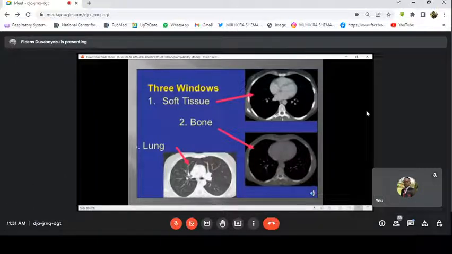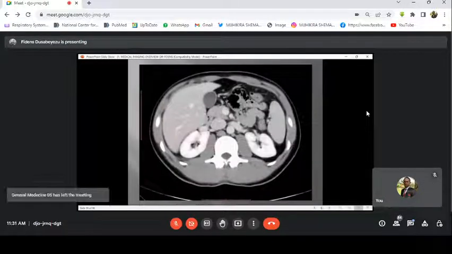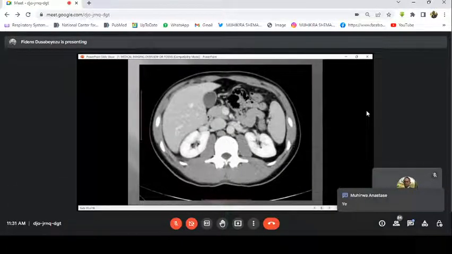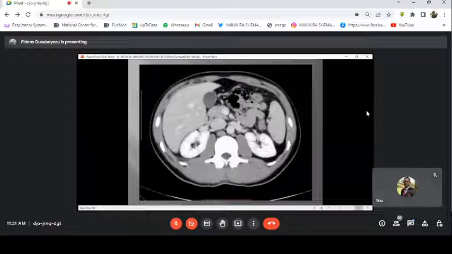So, which CT scan is this? Abdominal CT scan. Which view? Is it coronal? Is it axial?